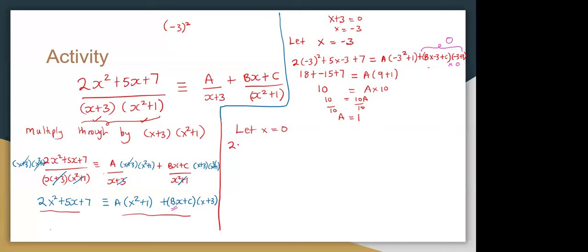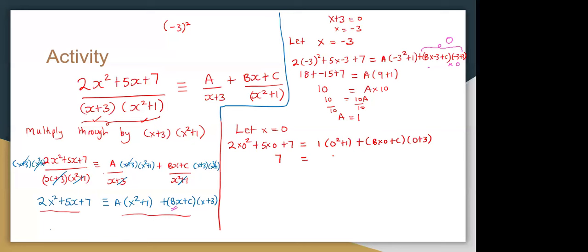So you'll find that I'll have now 2 times 0 squared plus 5 times 0 plus 7 equaling to A, which we have already obtained as 1, into 0 squared plus 1 plus B times 0 plus C into 0 plus 3. So here is 0, 0. This side we shall remain with 7.